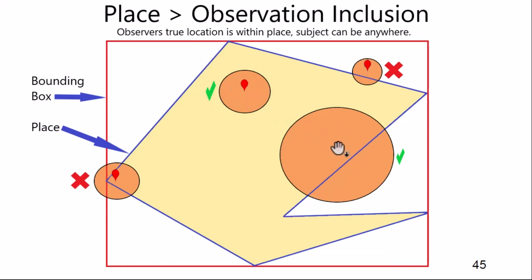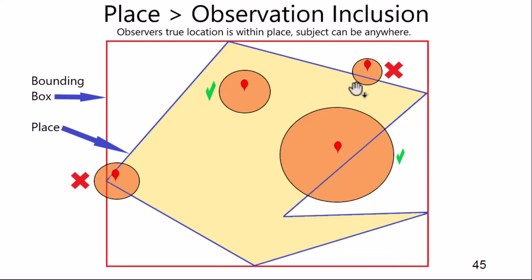But I can have latitude, longitude with a huge accuracy circle. As long as it doesn't break the bounding box, I'm okay. On the other hand, I can have the position inside the place with a moderate accuracy circle, but if I'm up towards the bounding box, that observation won't show up in your project.